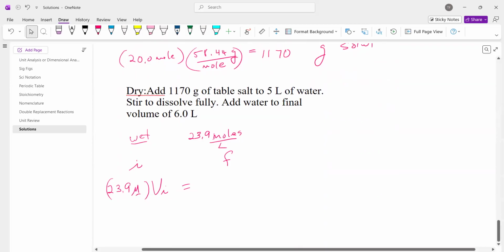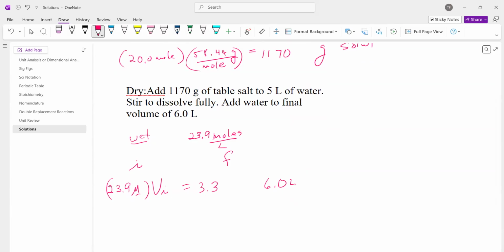3.33 times 6. So this is the final volume. What we don't know are the liters of the concentrated stuff, the V sub I. So divide both sides by 23.9.